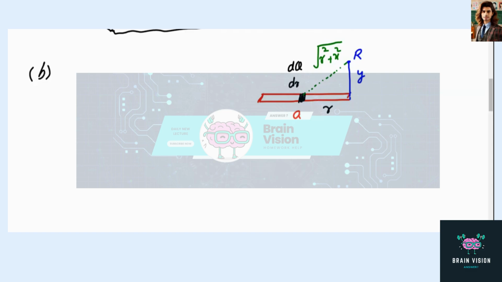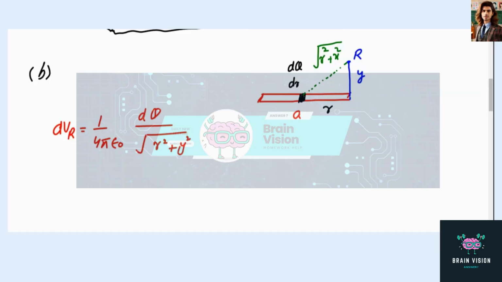Again we can write here the contribution of electric potential due to this small portion, which is dVr, equal to 1 upon 4 pi epsilon naught times the charge on the small portion divided by the distance of small portion from point R, which is r squared plus y squared.